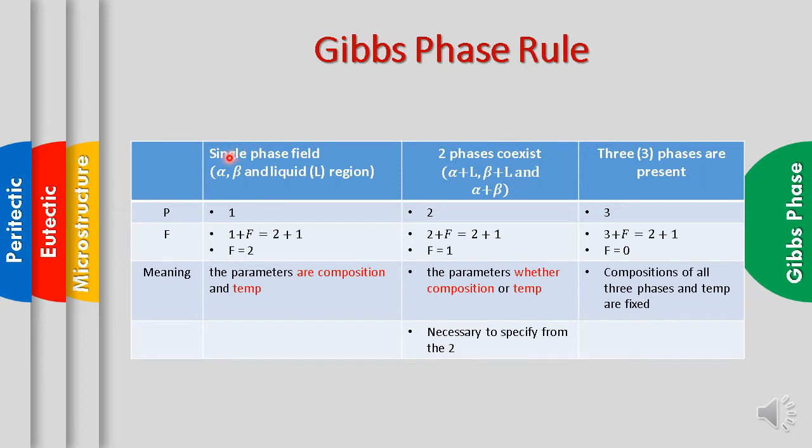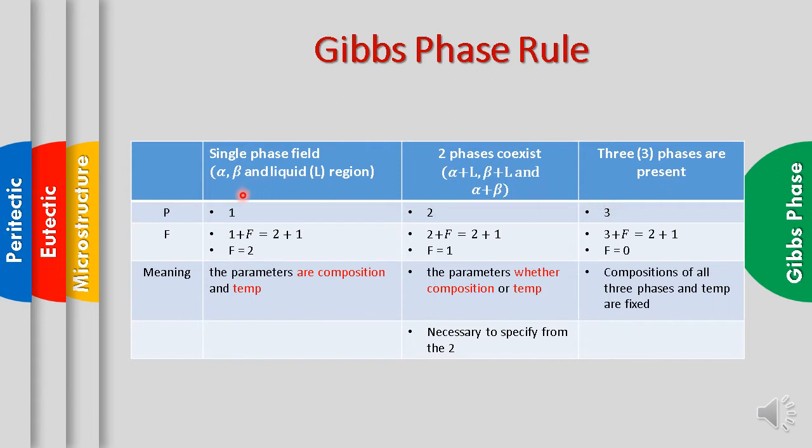In single phase here, and also we have two phases coexisting, and also three phases present. So the value of P varies: single phase we have 1, two phases we have 2, three phases we have 3.